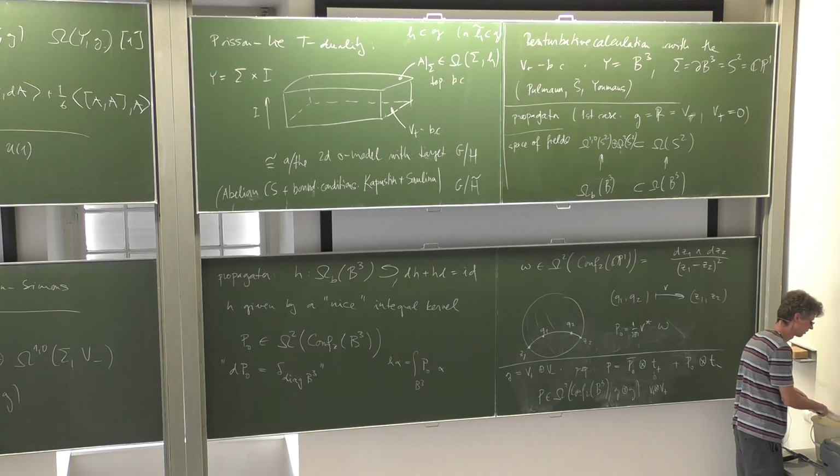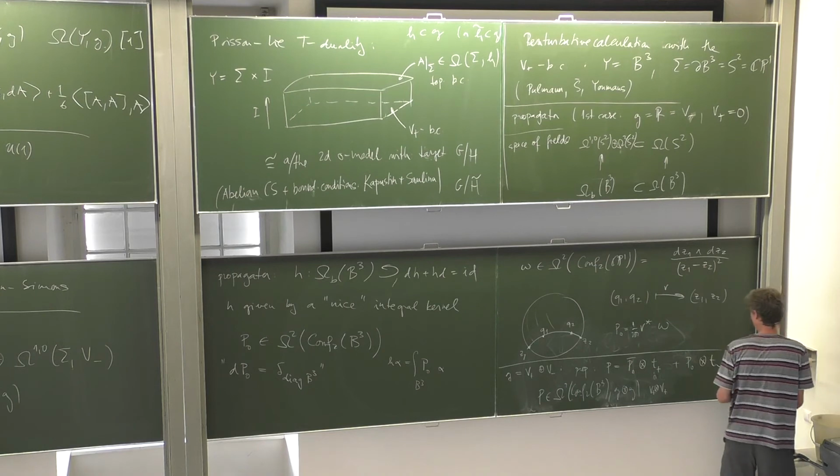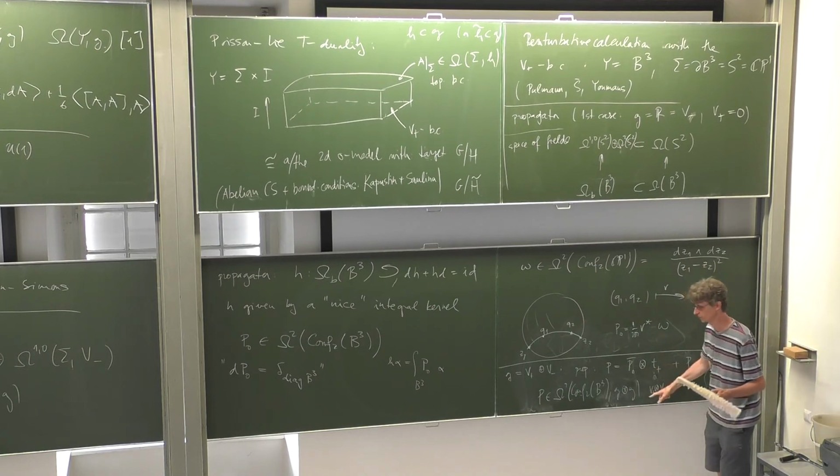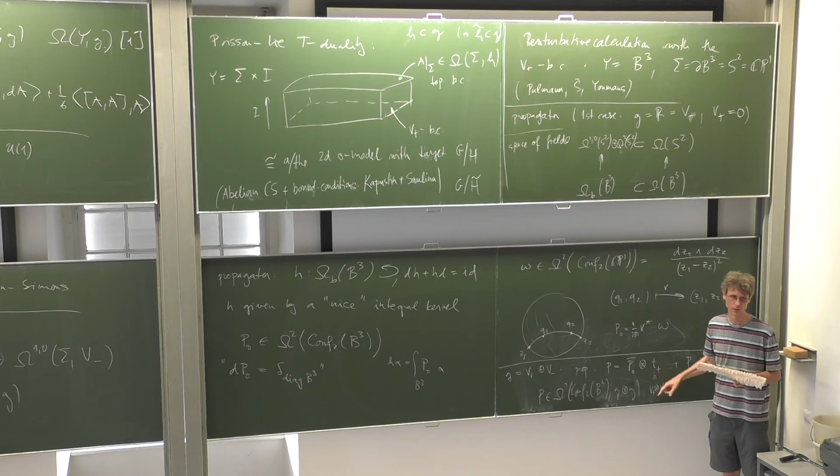Could you please remind us what T plus and T minus are? Yes, so T plus is in V plus tensor V plus, and it's the inverse of the pairing when restricted to V plus.